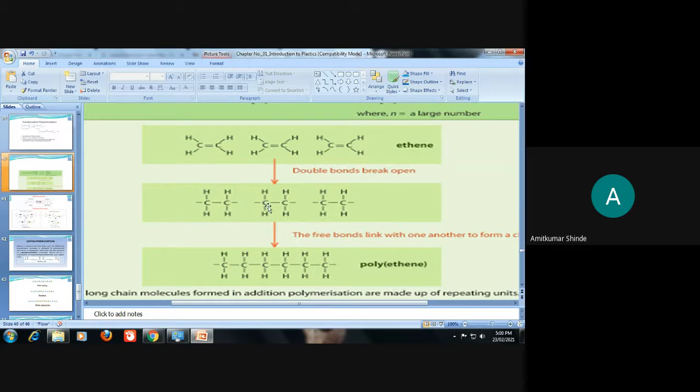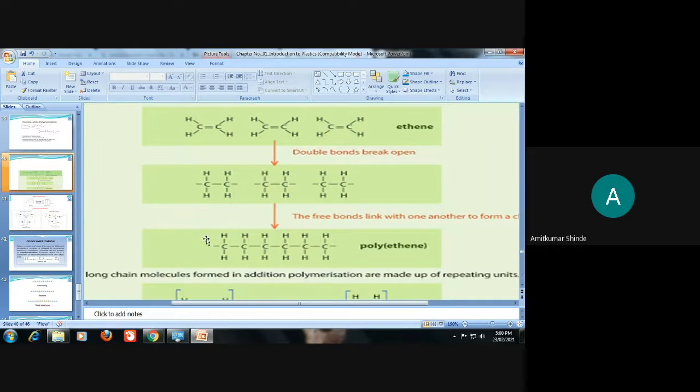Means these monomers will get attached to each other. Lots of monomers will join to each other, and this is termed as the propagation stage.